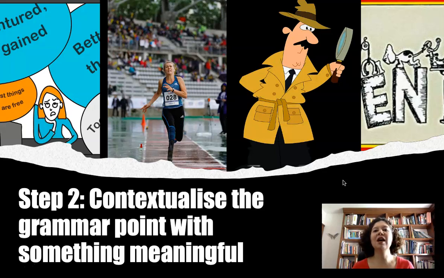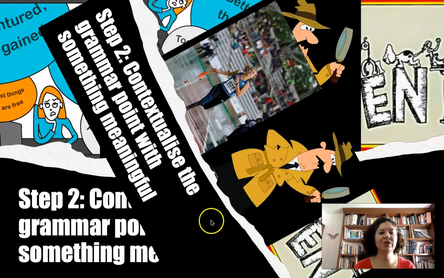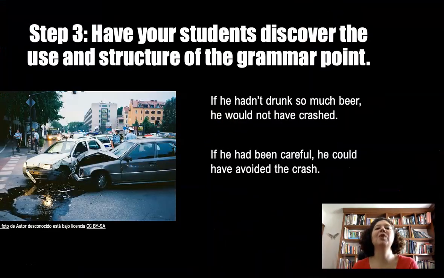Or she must have had the wrong friends, okay? Things like that. So think about a context where you can use the grammar point a lot, where your students will have many opportunities to use a lot of examples, okay? That's the first thing.